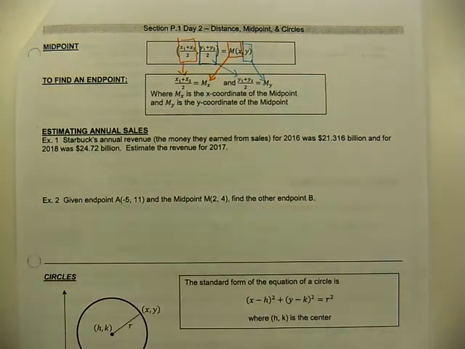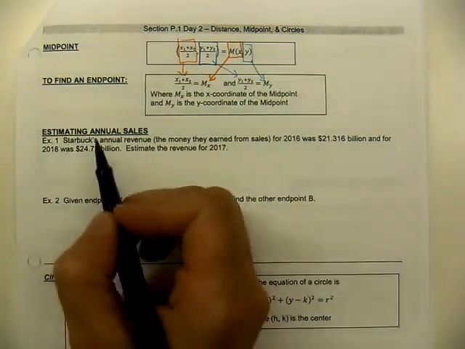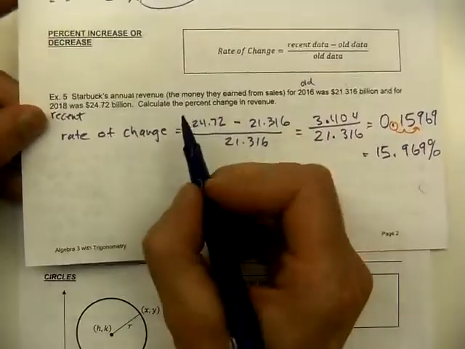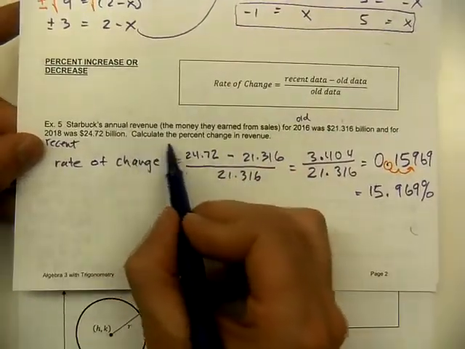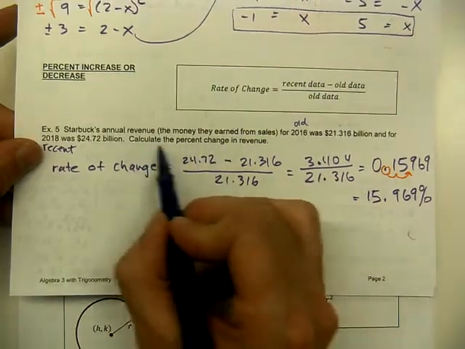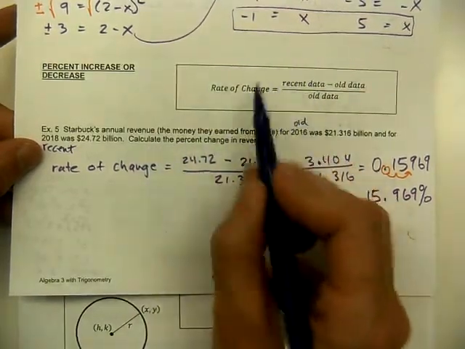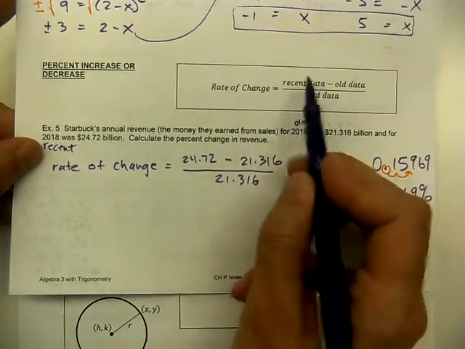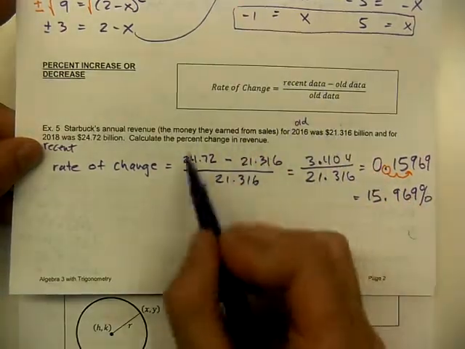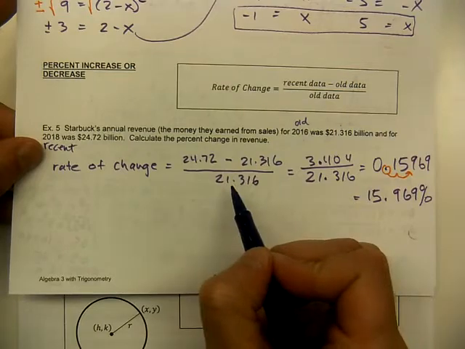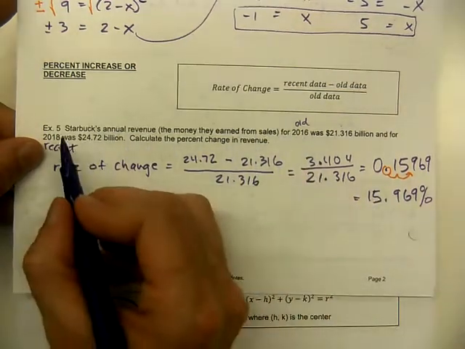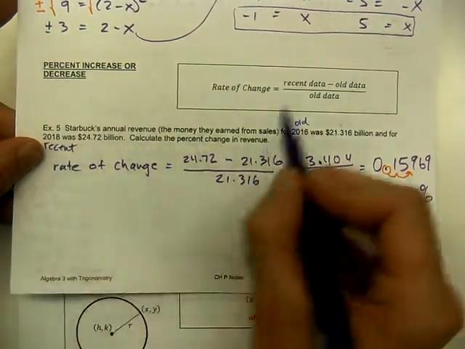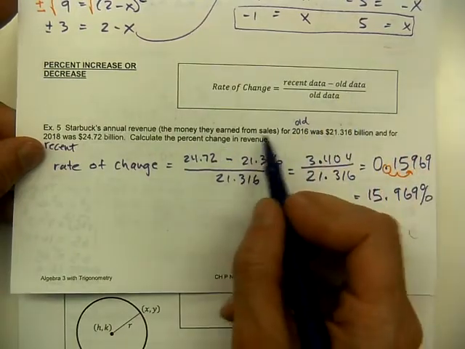Yesterday, when we looked at that same setup, the question was slightly different. The question there was to calculate the percent change using the rate of change. And that's not the same as the midpoint formula, because here we're only using the dollar values. We did not really use the year 2016 or 2018, except to determine which was the more recent data and which was the older data.